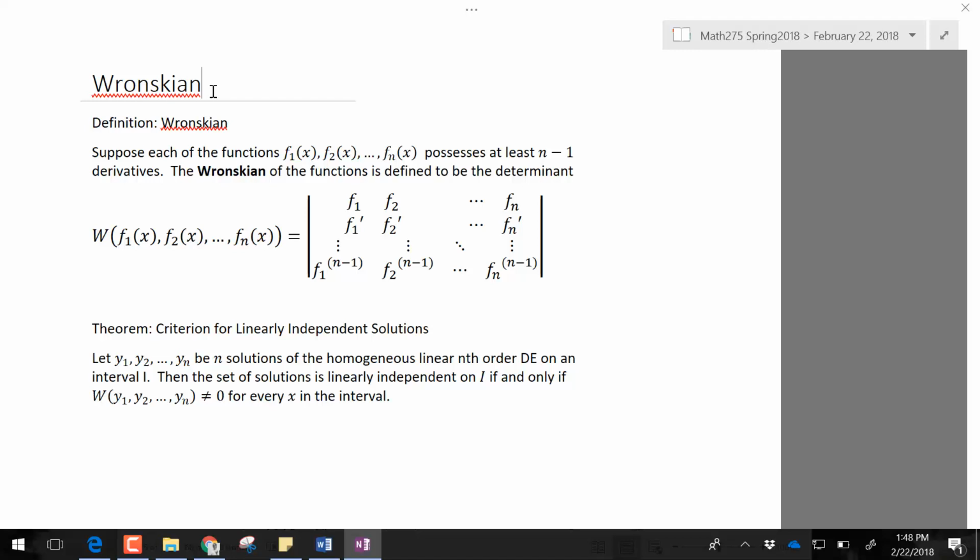And then you take the determinant of it. What's a determinant? Yes, it's a matrix determinant.